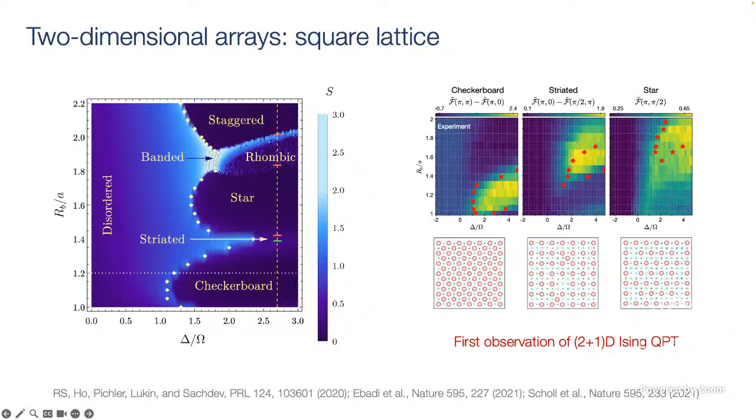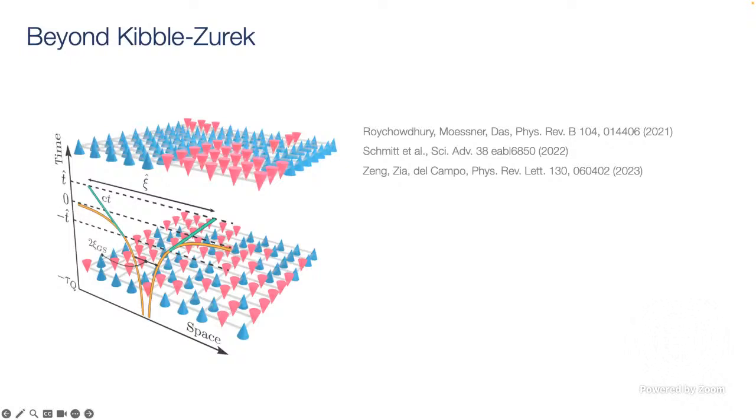Right. So then the natural question is, again, can we look at the dynamics across the phase transition in this two-dimensional setting? We did look at this data a few years ago, and there were some things that didn't quite sit right. Over the last few years, many people have also realized that the Kibble-Zurek mechanism is actually only an approximation.